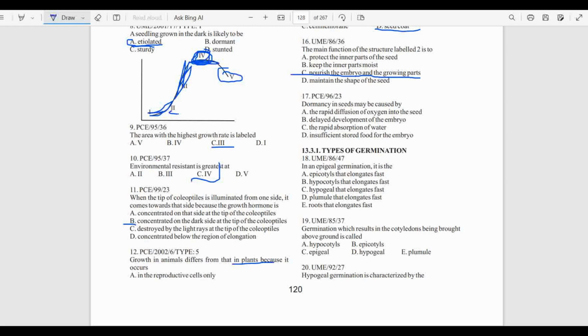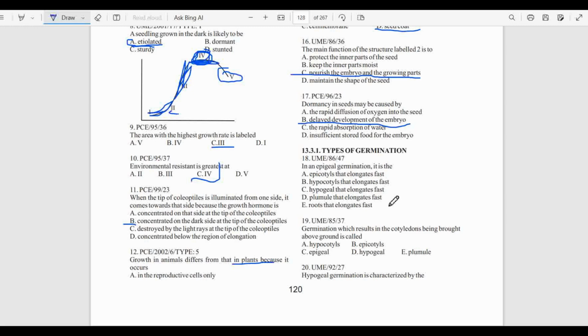So, dormancy ensures germination during a favorable season. Seed dormancy may be caused by growth inhibitors, the impermeability of the testa, that's the seed coat, and also delayed development of the embryo. So, which of these options sounds like what I've mentioned? That would be option B, delayed development of the embryo.